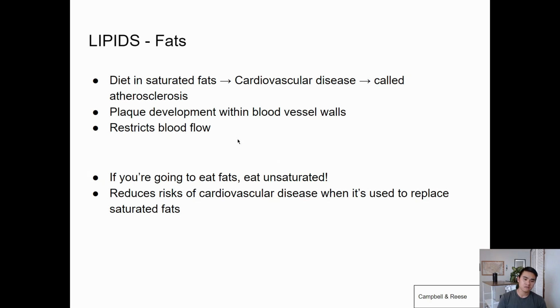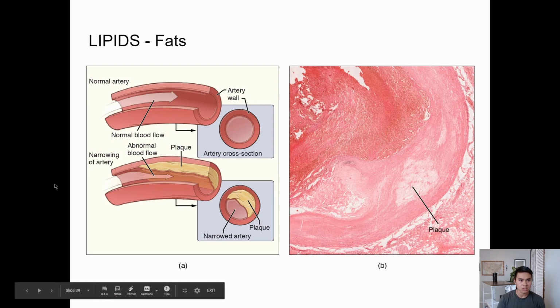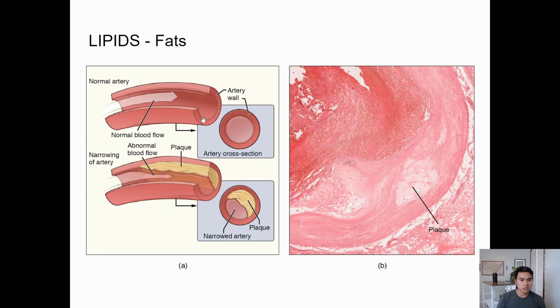So if you're going to eat fats, try to limit the amount of fats that you eat, but also eat unsaturated, because when it is used to replace saturated fats, it does contribute to a decreased risk of cardiovascular disease. And we can dive deeper into that image right here.